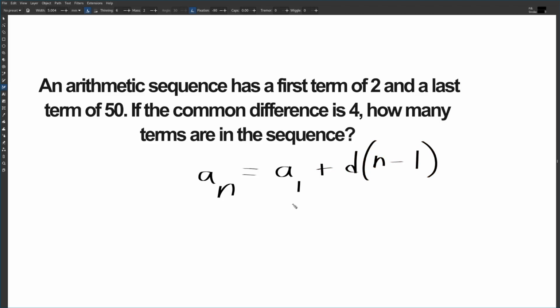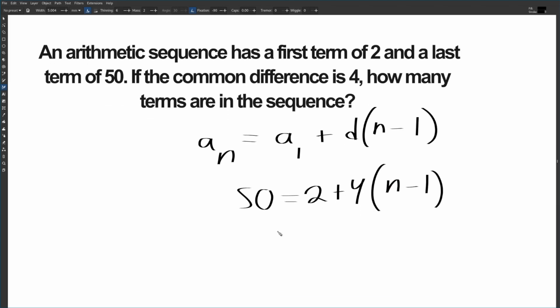Let's plug in what we do know. We know the last term is 50 and the first term is 2. The common difference, d, is 4, times n minus 1. We're trying to find how many terms are in the sequence, so we're just trying to solve for n here.